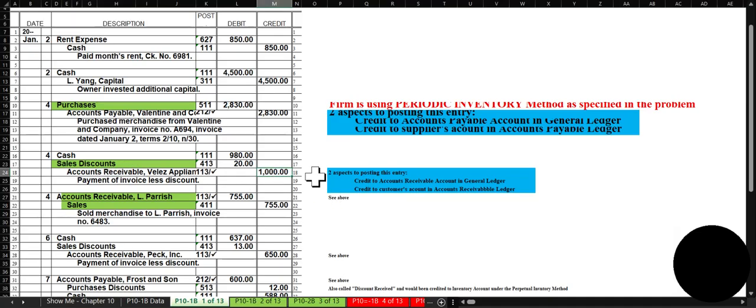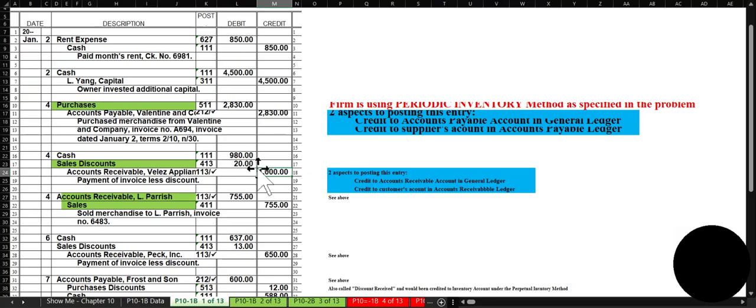They're not using a cash receipts journal, so everything is flowing through the general journal. So we debit cash, debit the sales discount, and we credit the full amount to the customer's account. So notice, even though we're giving the customer a discount, the full amount is credited.